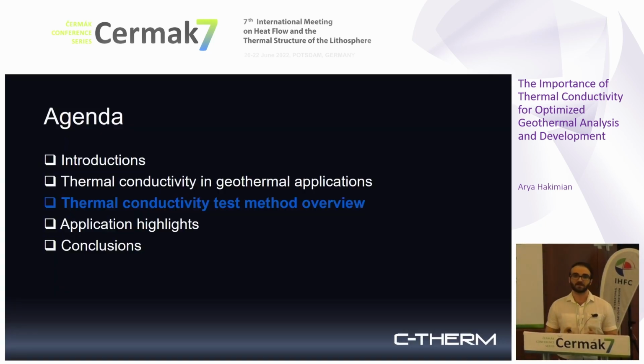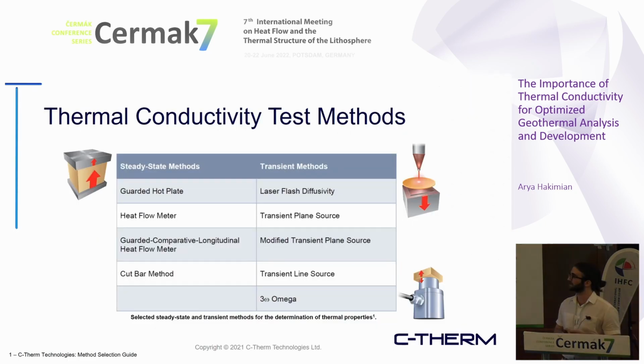Now, for a bit of a method overview, again, not to be fully inclusive or covering all possible different aspects. But of course, there are different methods available depending on the types of samples that you're working with. At a very high level, steady state and transient based methods are the two larger classes for these types of analyses.